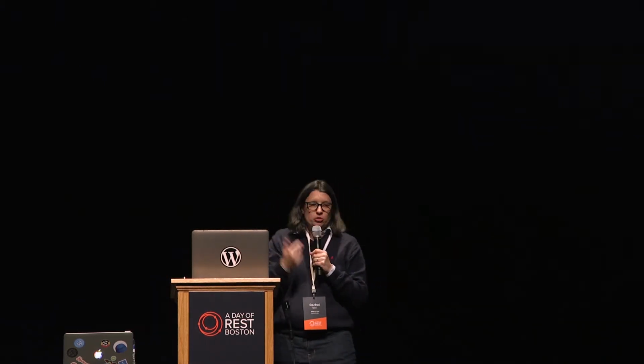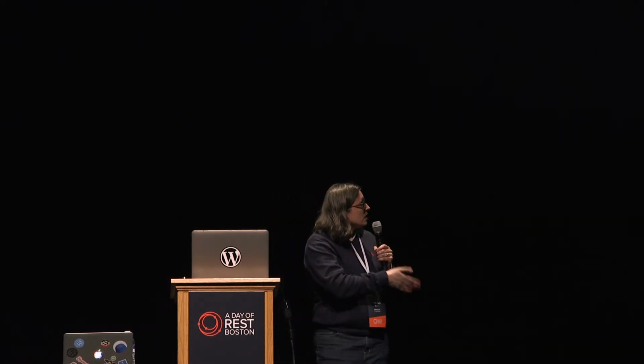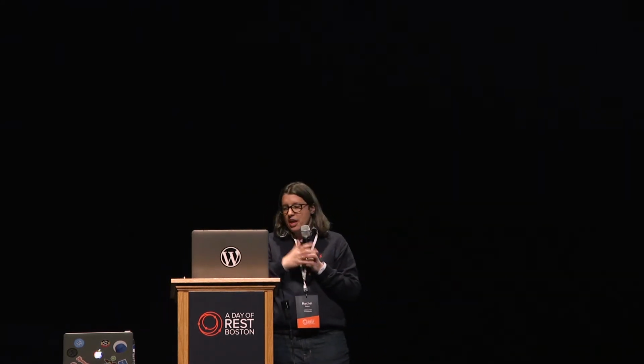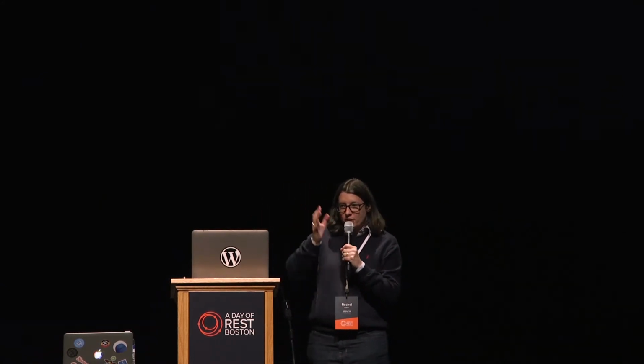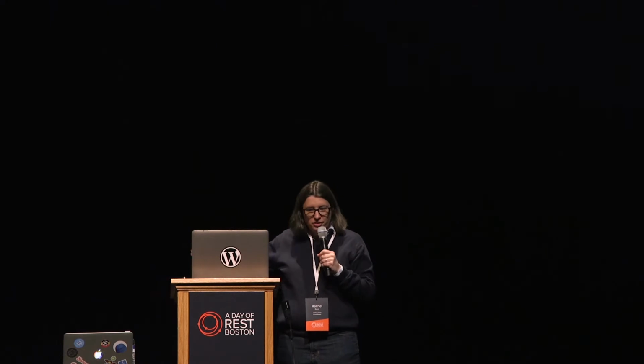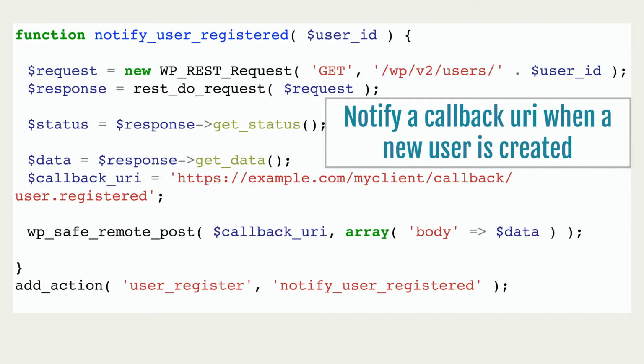So a user is created, a post is published, a comment is awaiting moderation, a plugin has been updated, all those kinds of things. There are hooks in there, so at any of those actions, you can have it trigger something else to occur.